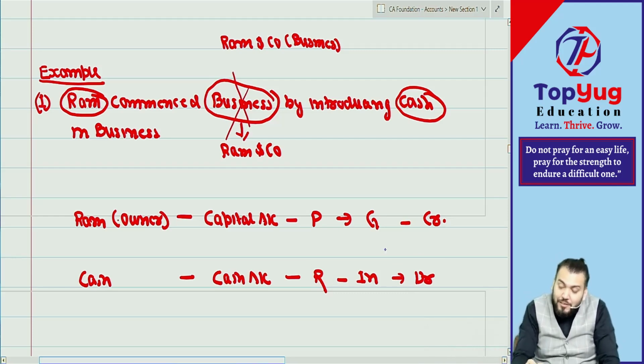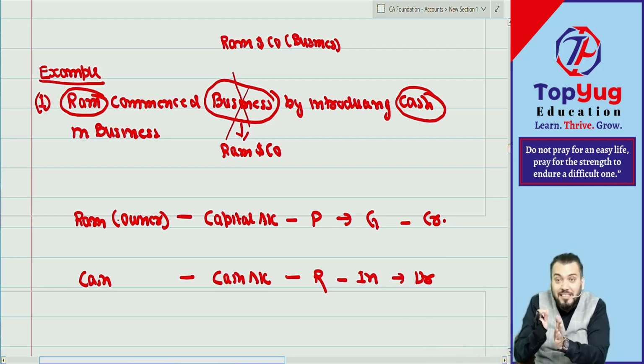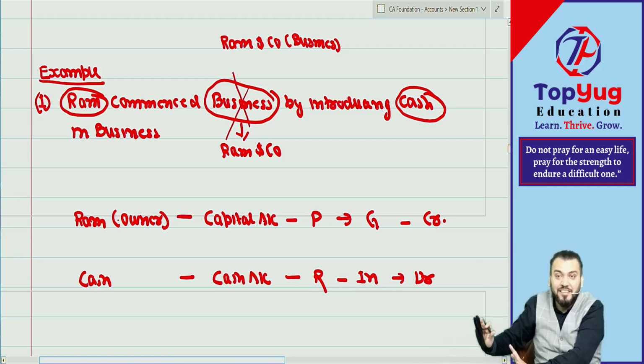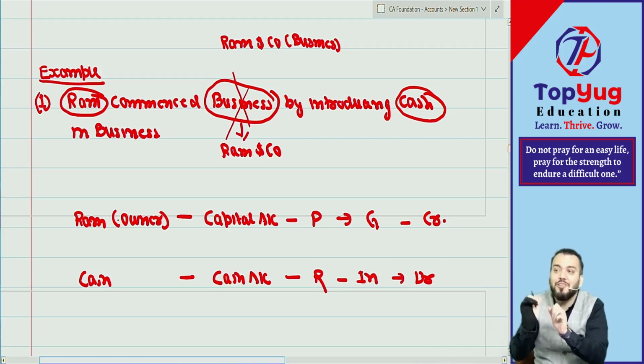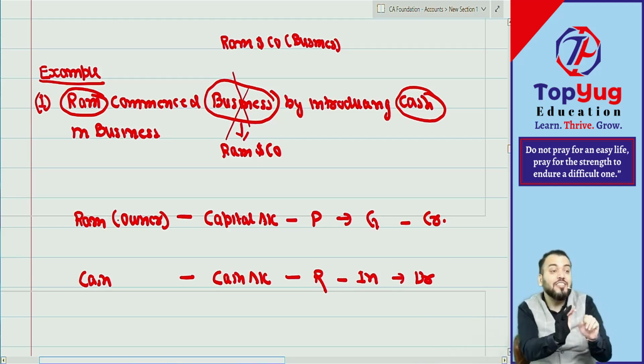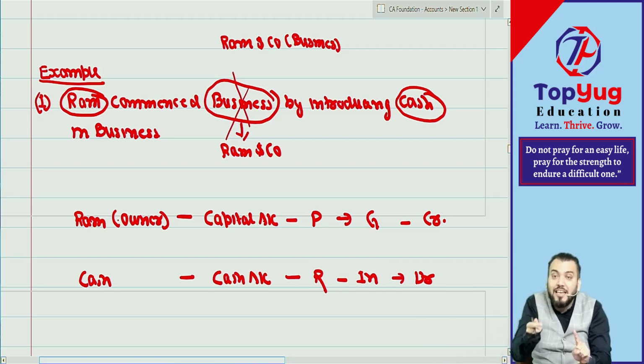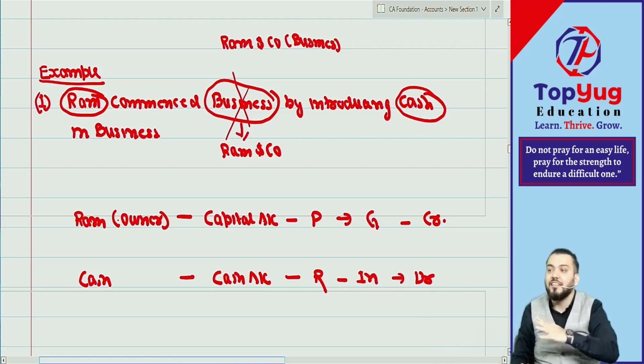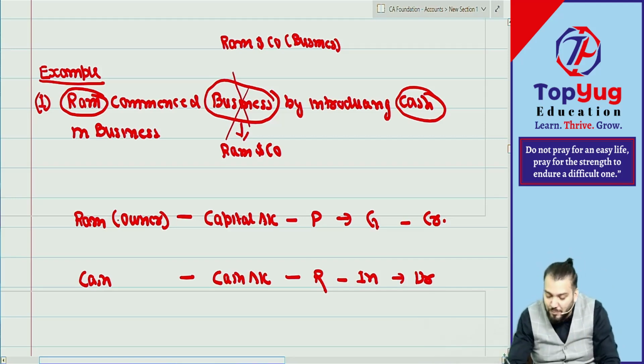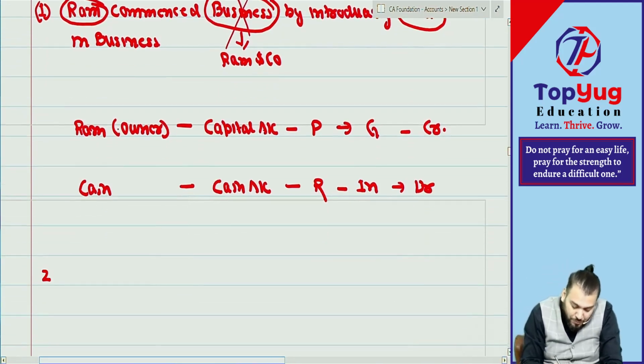Of course this will be recorded in some particular way. Till now I have not given the art of recording. Right now I am only discussing how to find out which account will be debited and which account will be credited. That is only our intention. Correct? One more example.